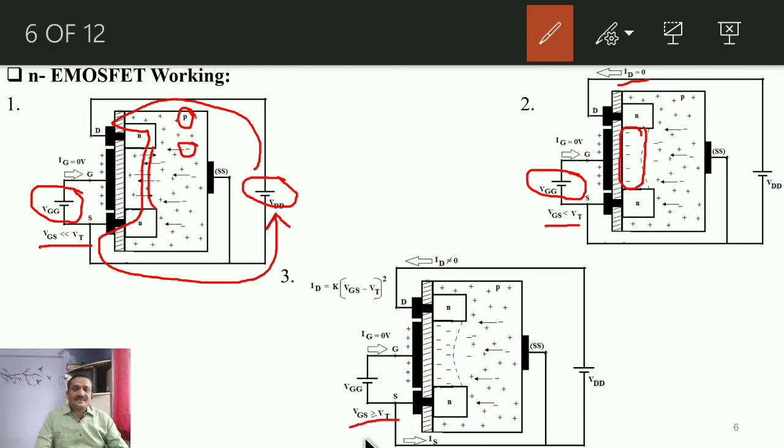So when that VGS is equal to or greater than VT, you will observe the density of accumulated minority charge carriers within this region, which are attracted from the substrate material, is somewhat more compared to previous cases, is it? And that's why there will be a non-zero ID. I mentioned here that ID is non-zero.